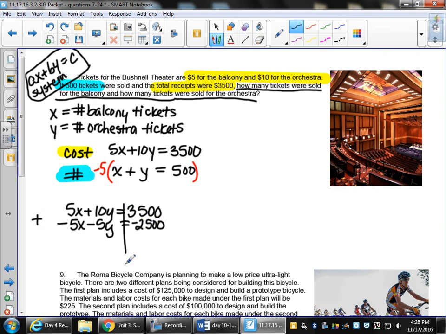We're now ready to add these together, see what eliminates. My 5X minus 5X is 0. 10Y minus 5Y, 5Y equals 3,500 minus 2,500 is 1,000. We'll divide both sides by 5, and we get what? 1,000 divided by 5, 200.